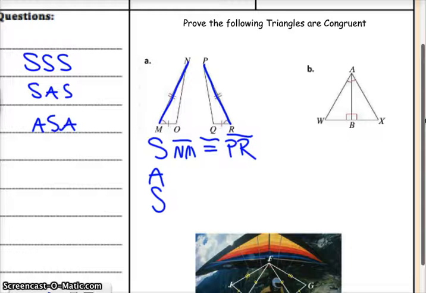Now I have an angle. I need to show that these angles are congruent. So I'm going to say angle NMO. So I'm telling my eyes to go from N to M to O. That's the angle M. Is congruent to angle PRQ.